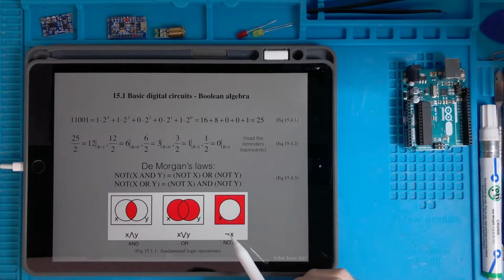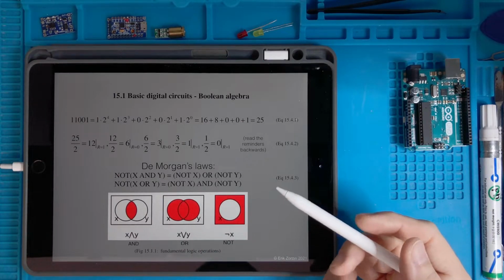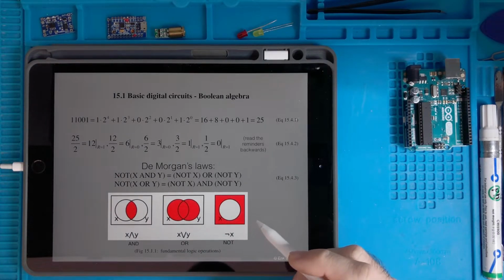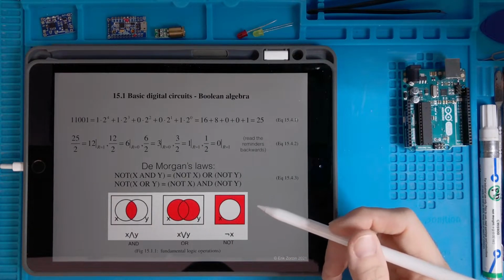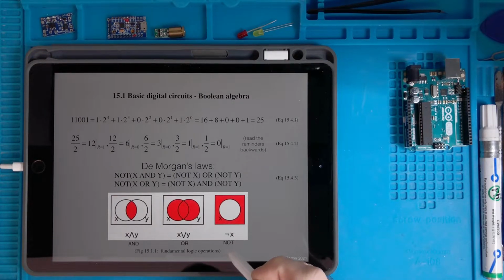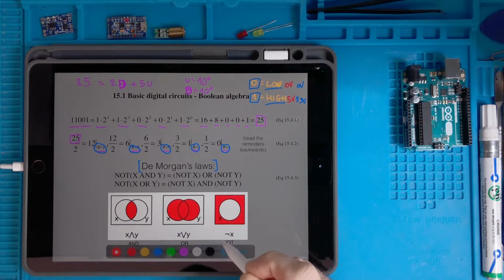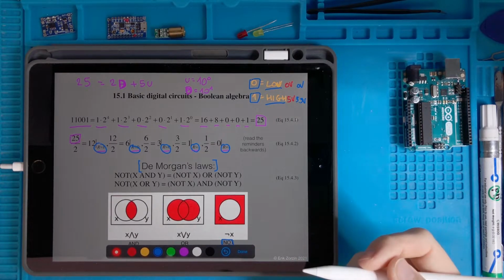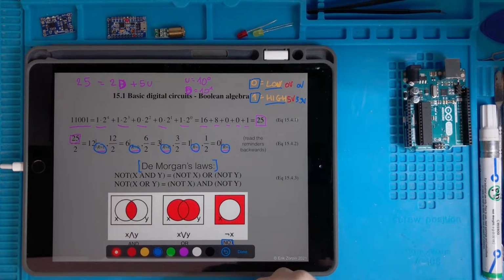Here x and y are two variables. Those two variables are binary variables. They can have either 0 or 1 as a value. One operation that we consider is the so-called NOT operation, or also negation, but let's say NOT, as usual.